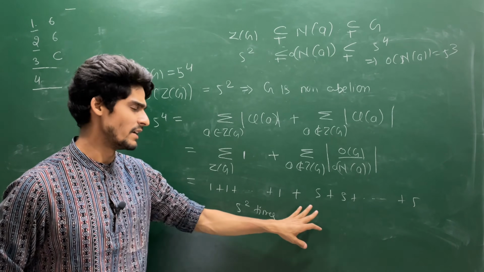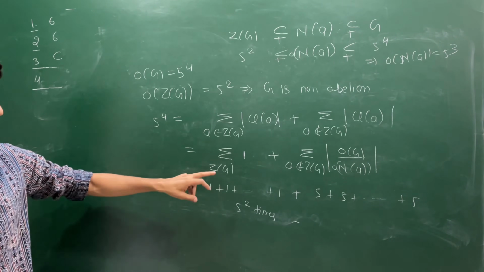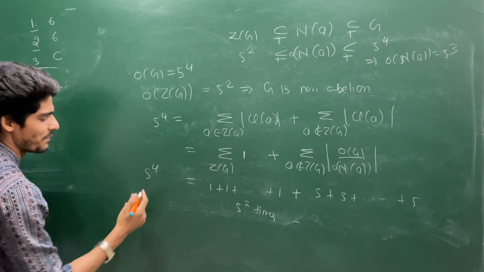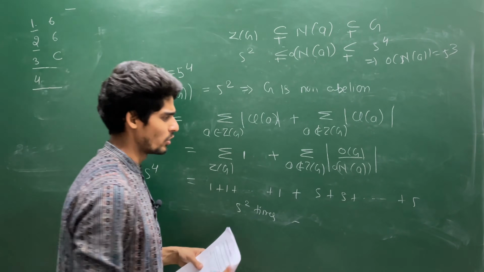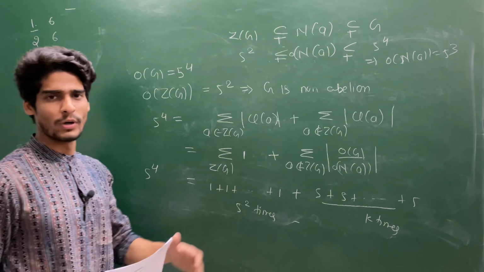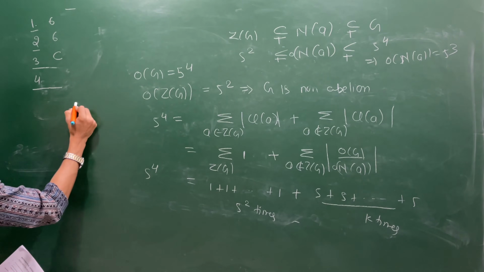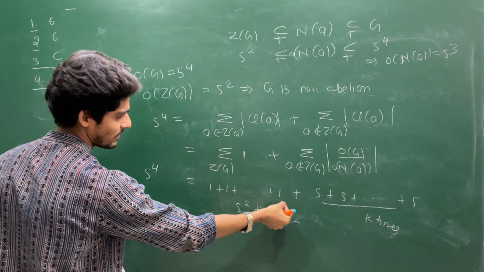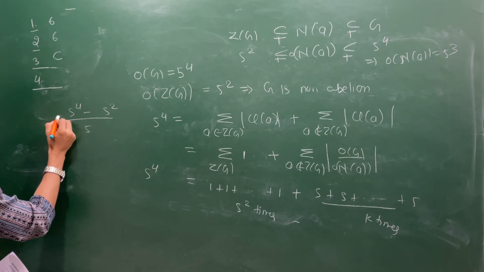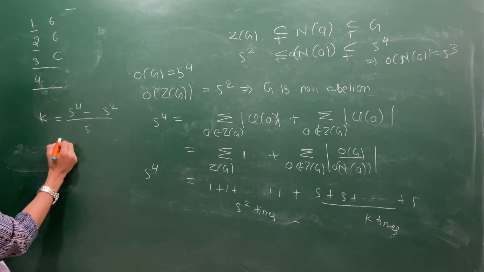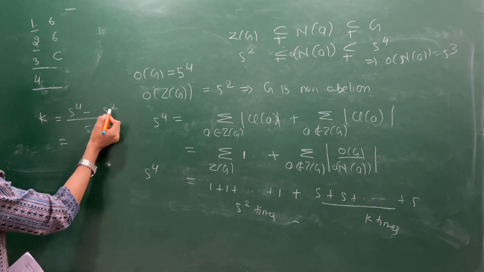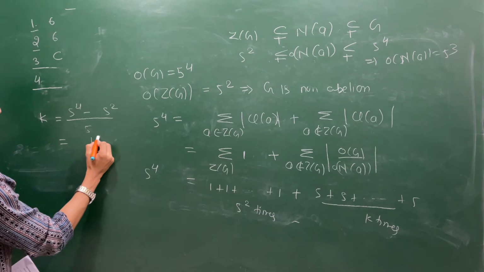So you will have 5 power 4 equals 5 square plus, let us assume it to be say k times. So that k you can count, so it will be 5 power 4 minus 5 square, divided by 5, this will be your k value. So k value will be, you can take 5 cube minus 5, this is 120.